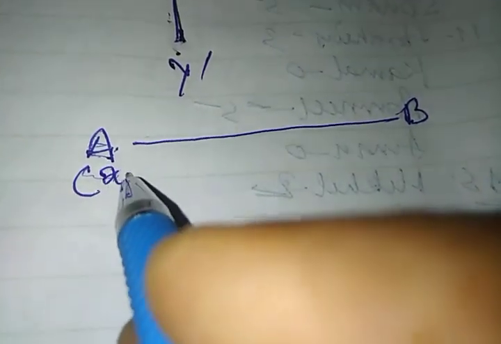See children, you have done the distance formula. Suppose A and B are two points here, with coordinates A (x1, y1) and B (x2, y2).